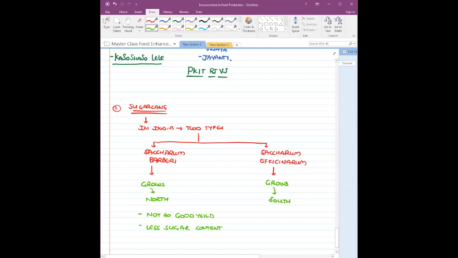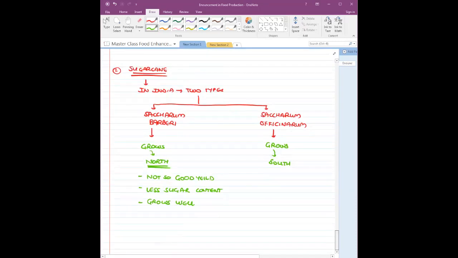Second, it has less sugar content. But when it grows in the north, it grows really well. When we compare it with officinarum, there are a few differences. But one more thing, it is highly resistant to diseases as well.